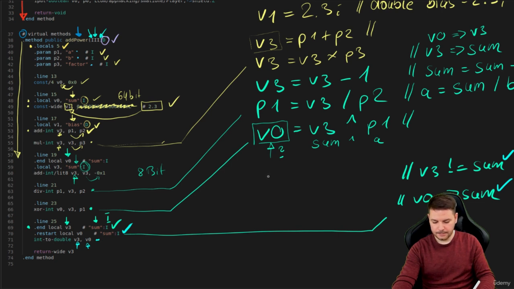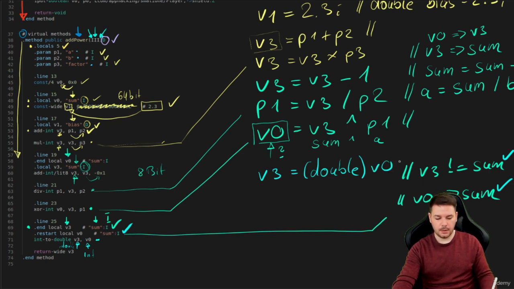And let's try to write this down. This is a little bit hard. Let's see. So this one is int and this one is double. So we've got v3 is double v0.